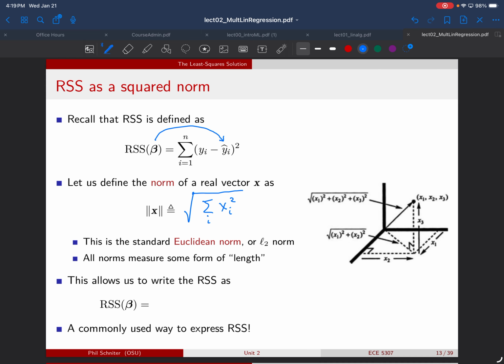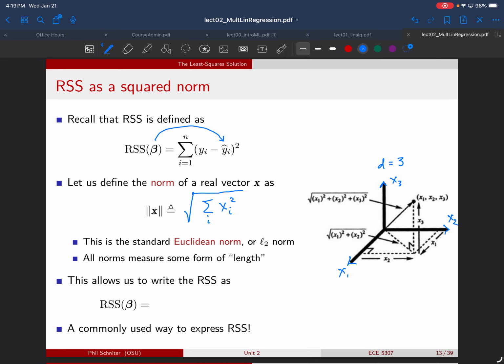Yeah. And if you want to visualize this, here we would have a three-dimensional example where x2 is along that axis, x1 is along that axis, and x3 is along that axis.